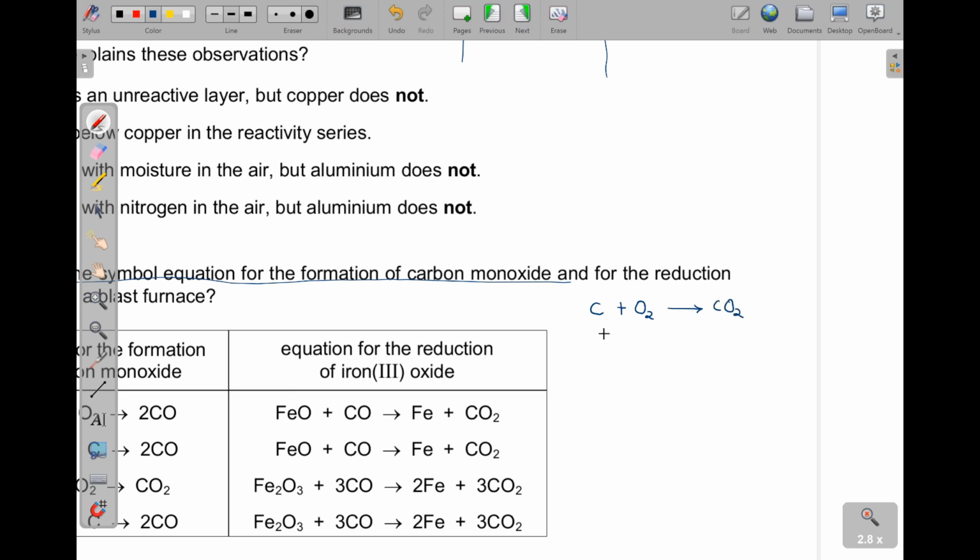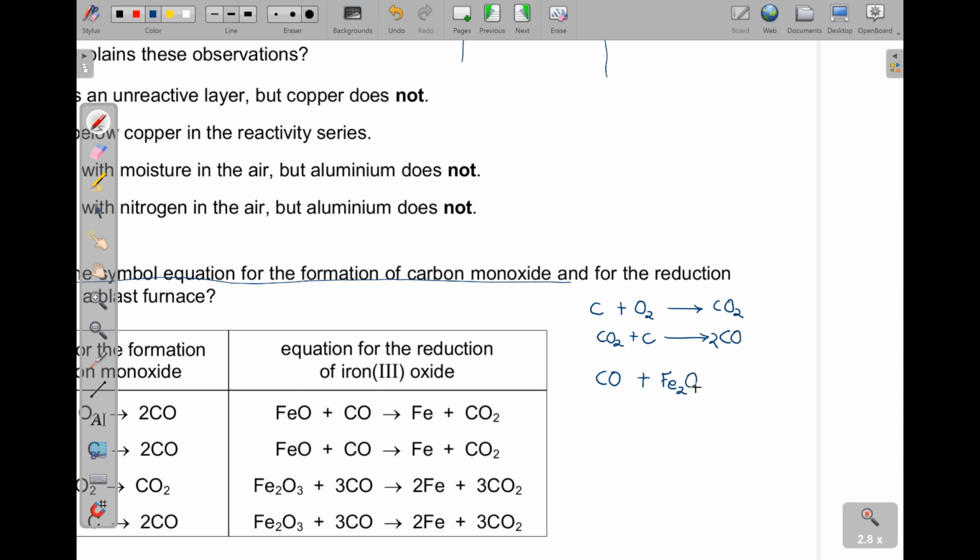Now, as this carbon dioxide rises, it still finds more coke coming in, and then it reacts with it, and it is reduced to carbon monoxide. Now, this carbon monoxide is the one that reacts with the iron(III) oxide, the hematite that is there.